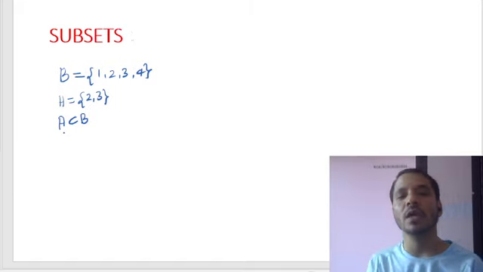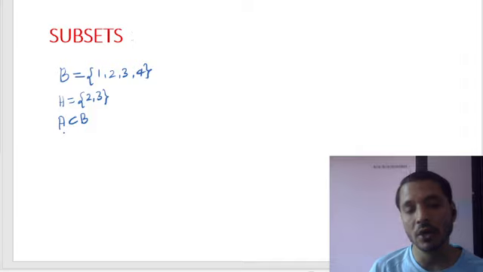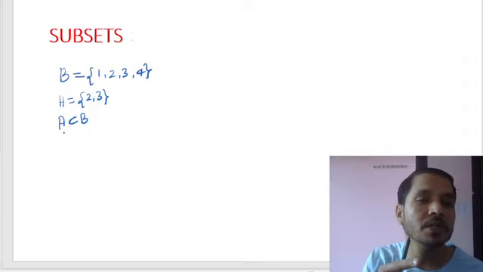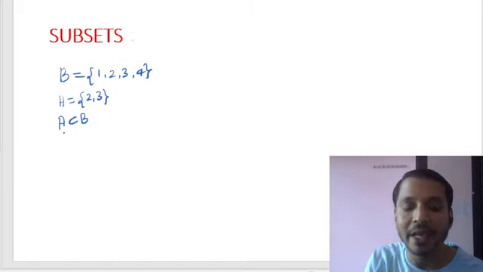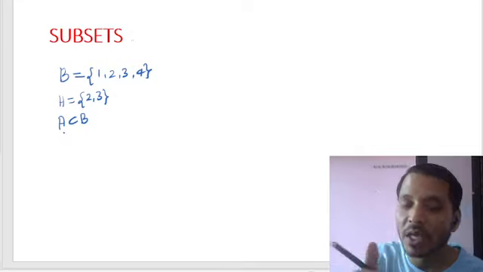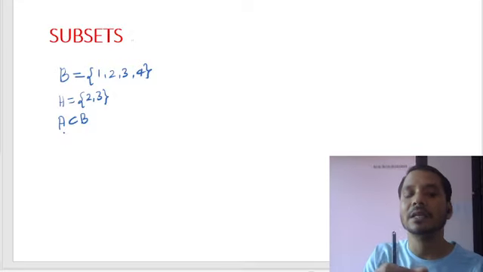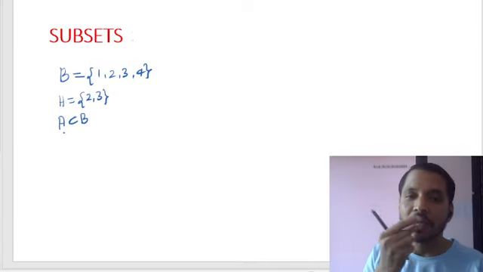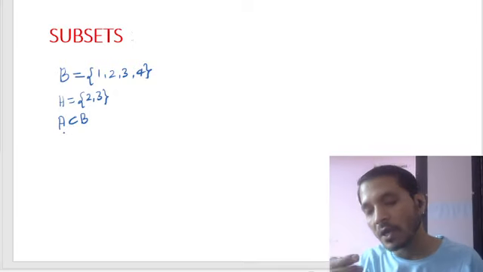So why are we saying that A is a subset of B? Here we have to understand that whatever elements are present in the set A are also present in the set B. Or in other words, A is written using the elements of the set B only, right? That means set A is a subset of B. Why?